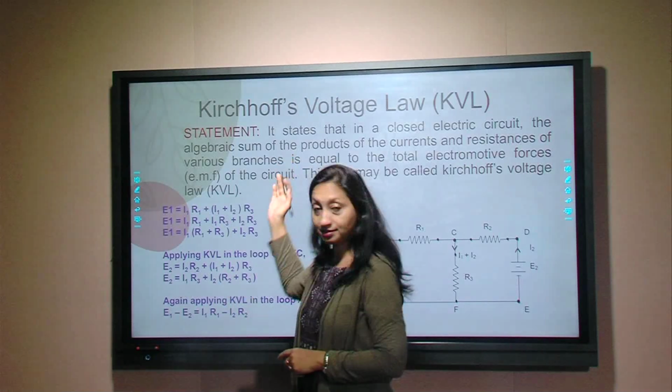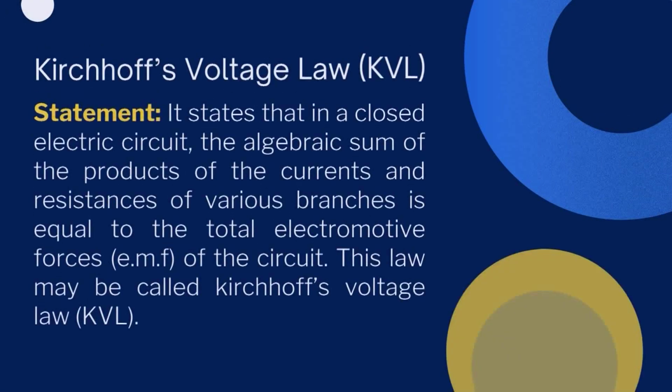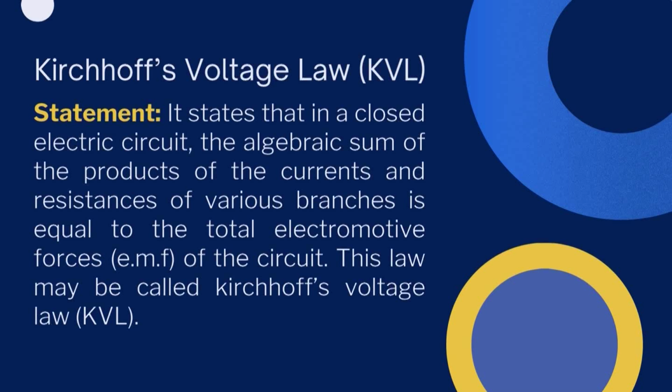In other words, in a closed circuit, the sum of the products of current and resistance, that means the voltage drops of various branches, is equal to the total electromotive force of the circuit. This law is called Kirchhoff's voltage law.